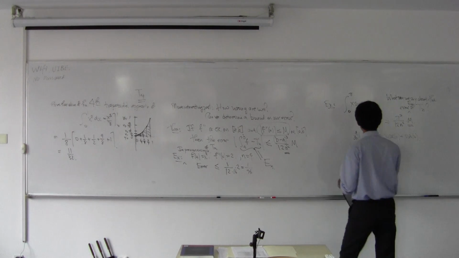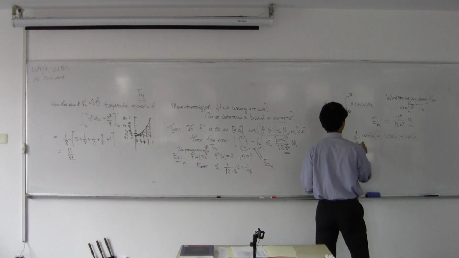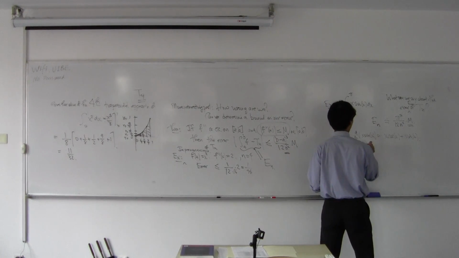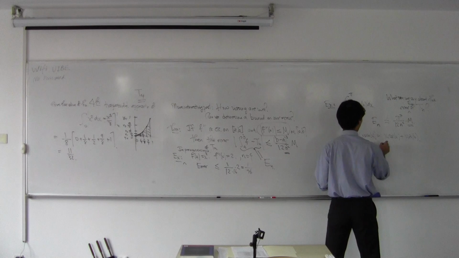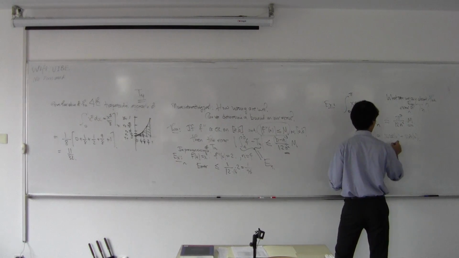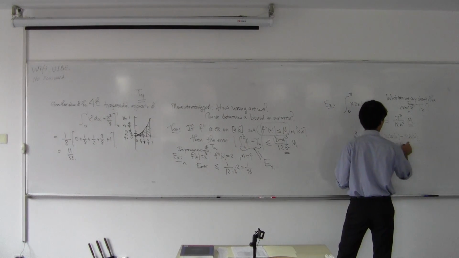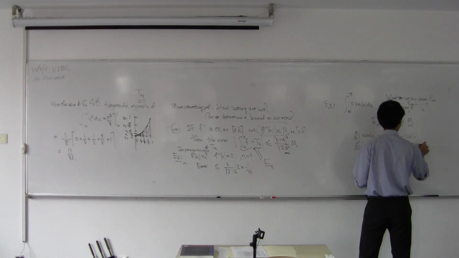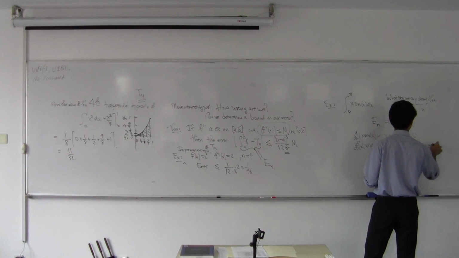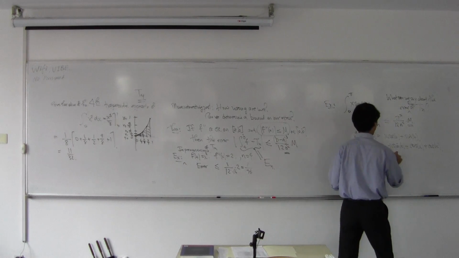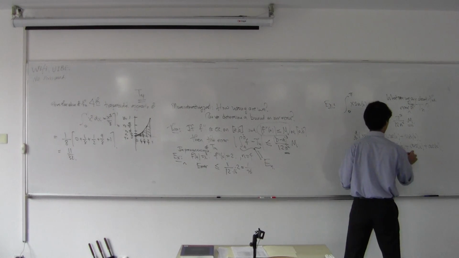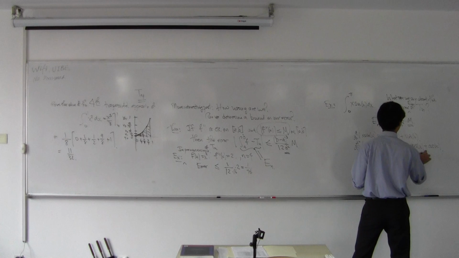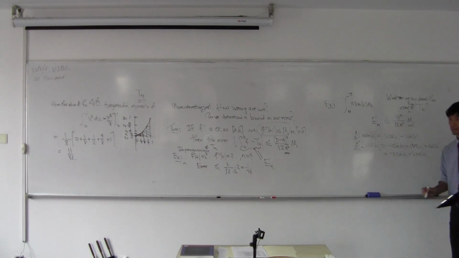If you differentiate that again, you're going to get the first times the derivative of the second plus the derivative of the first times the second again, and so you end up with negative x sine x plus 2 cosine x. That's the second derivative.